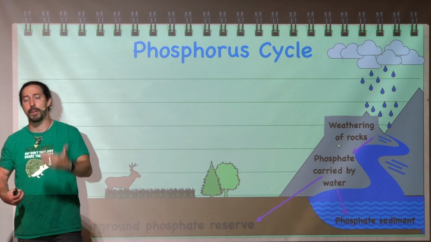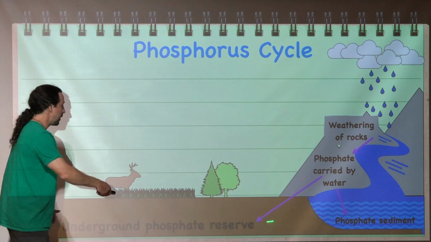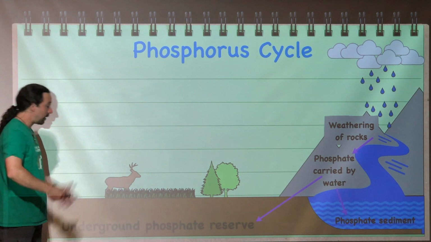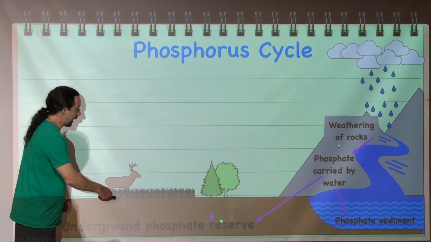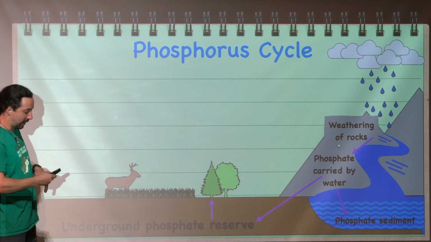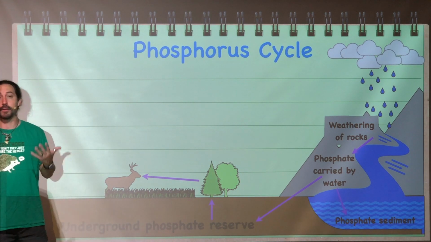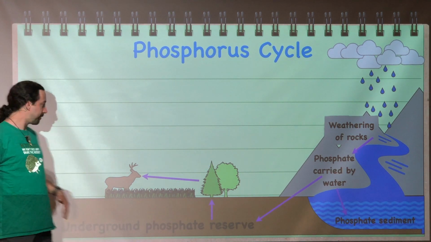It will either end up as sediment at the bottom of a water system, or it's going to end up in the soil. From the soil, the plants will take that phosphate up through their roots, and then they will use that phosphorus.